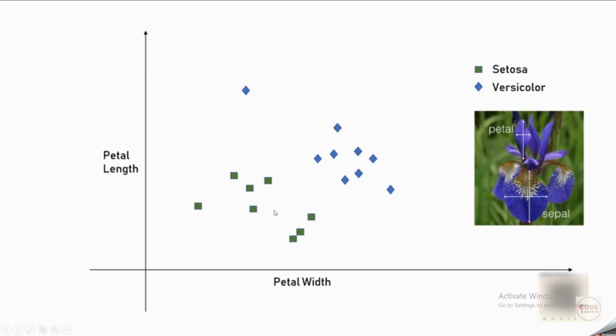So when we plot this, that is petal width and petal length, we get such kind of a graph where we have green square boxes representing setosa, which is a type of flower, and the blue diamond boxes represent versicolor.